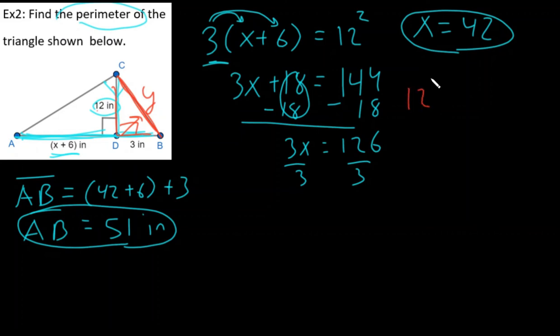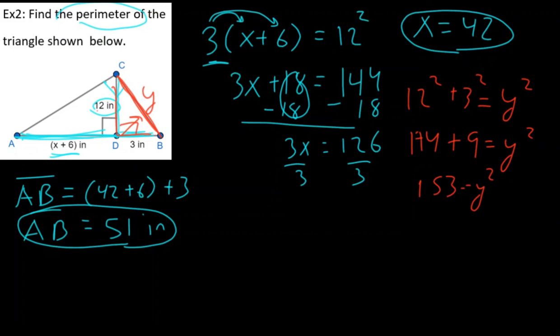So we'll do 12 squared plus 3 squared is equal to y squared. Once again, what is 12 squared? We know that is 144, plus 3 squared we know is 9, is equal to y squared. And what is 144 plus 9? That would be 153 is equal to y squared.